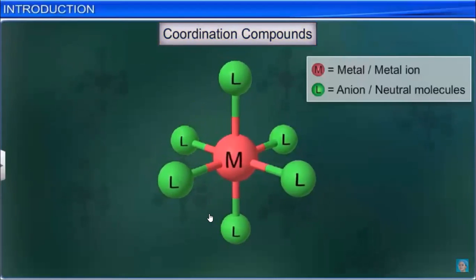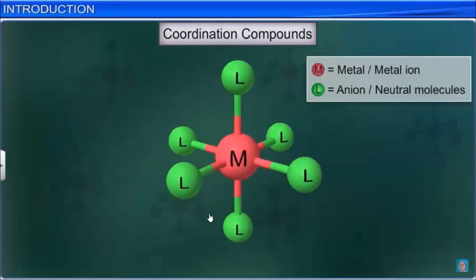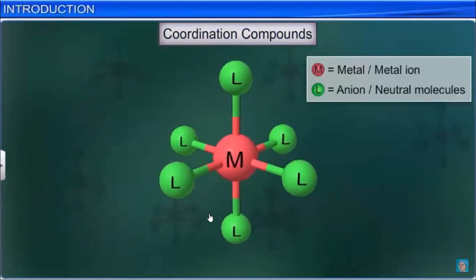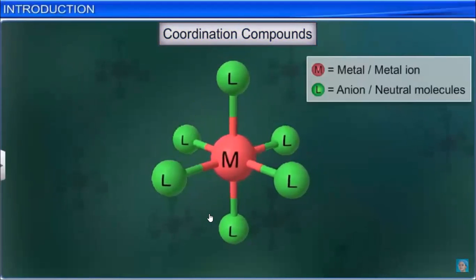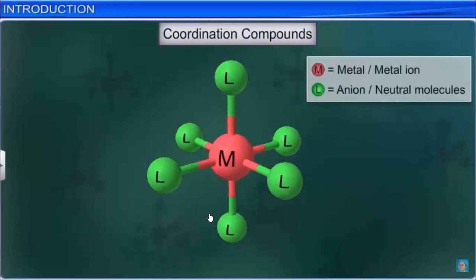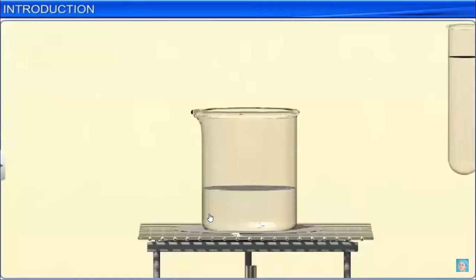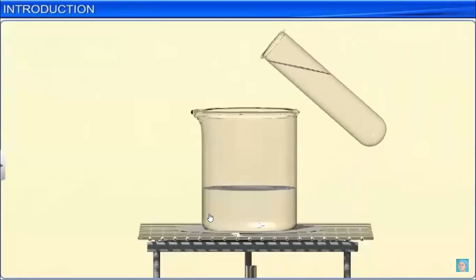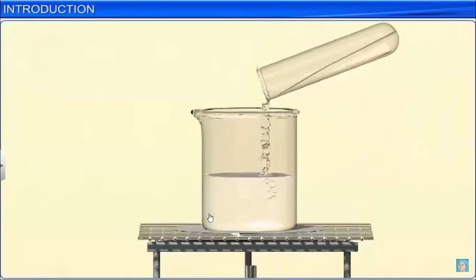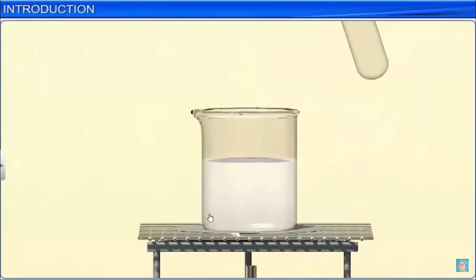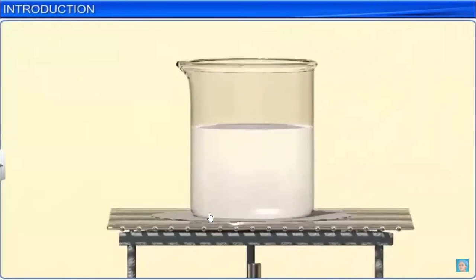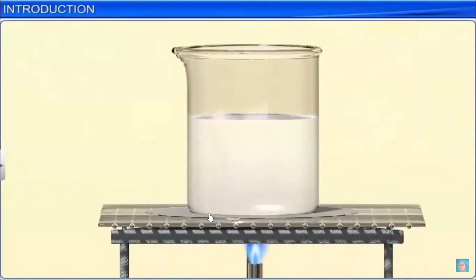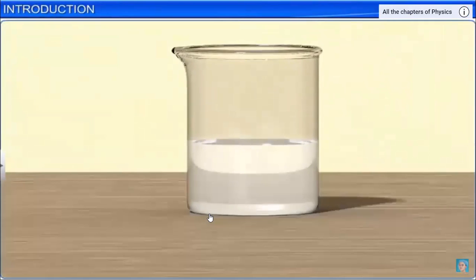Coordination compounds or complex compounds are a type of addition compounds. When two or more stable compounds are allowed to combine in stoichiometric ratios, crystalline compounds are formed.